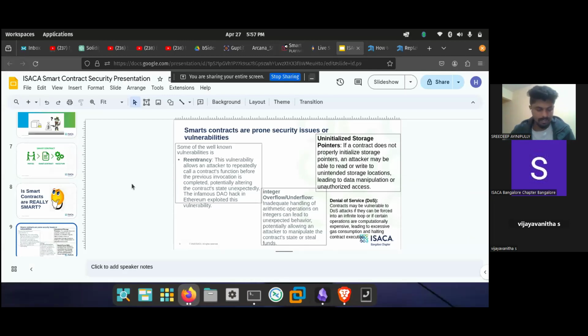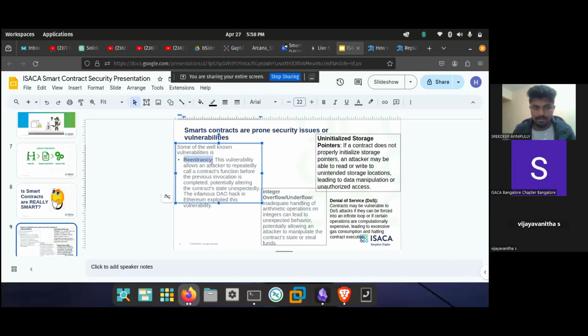They lost around 500 million US dollars because of a small vulnerability. That's the biggest event in the Web3 security timeline. The hacker exploited the re-entrancy vulnerability. It's history. Using this vulnerability, he was able to drain all the funds in that particular contract.